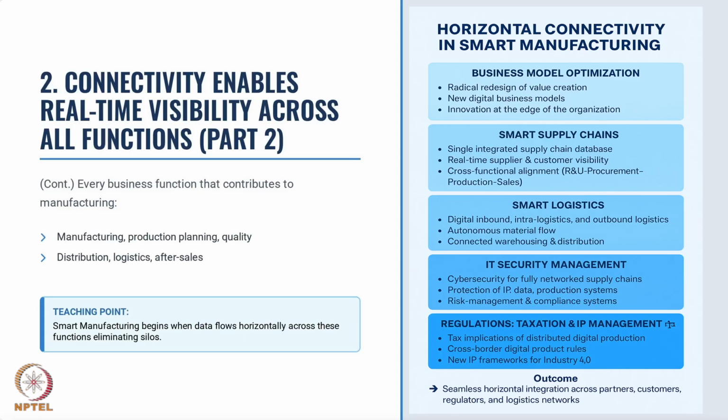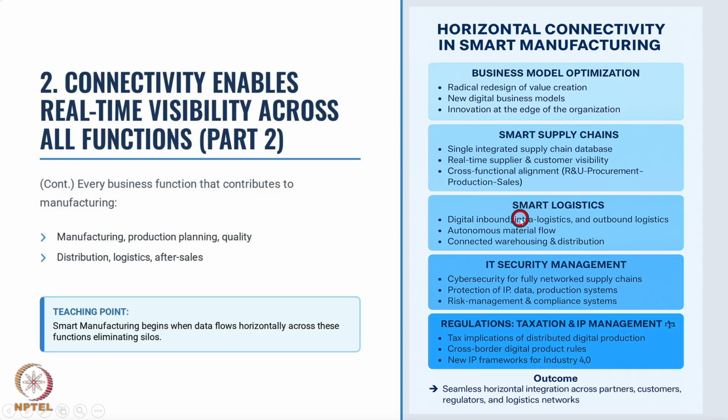As you see in this picture, horizontal connectivity means that the functions which cater to production in a horizontal manner, like business model optimization, supply chain, smart logistics, and security across the value chain, are connected in a horizontal manner, and we achieve horizontal connectivity.